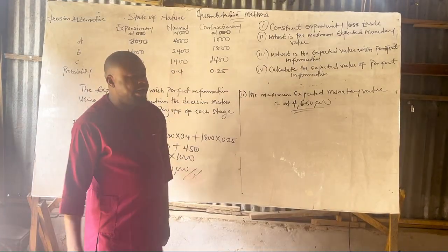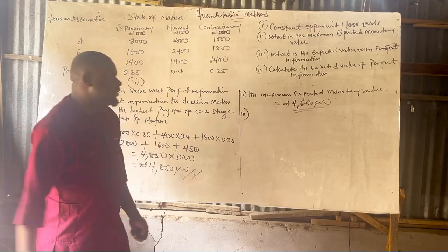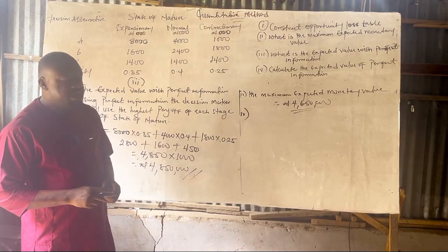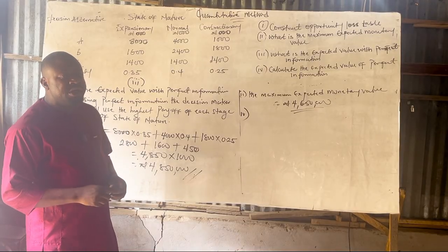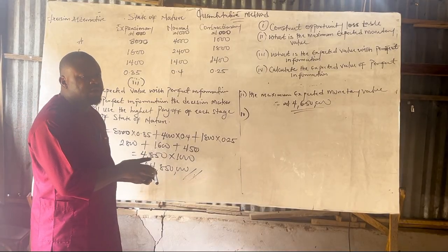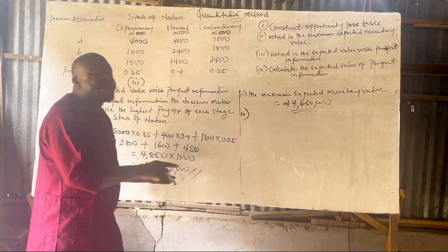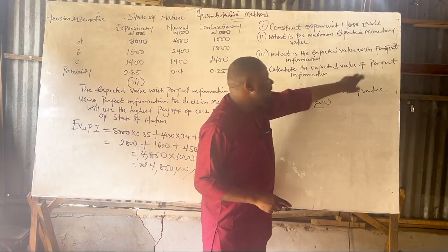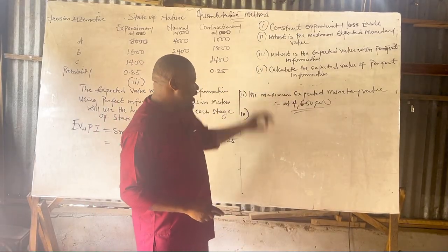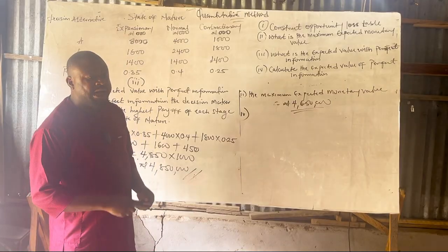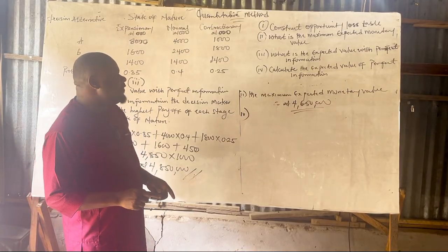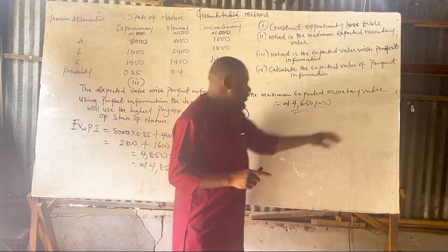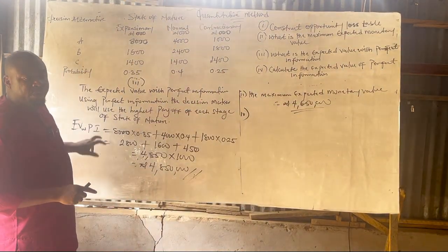That is the answer to that question. Then finally, the last question: calculate the expected value of perfect information. Expected value of perfect information is the difference between expected value with perfect information and expected value without perfect information. Expected value without perfect information is our maximum expected monetary value calculated, while this is our expected value with perfect information.